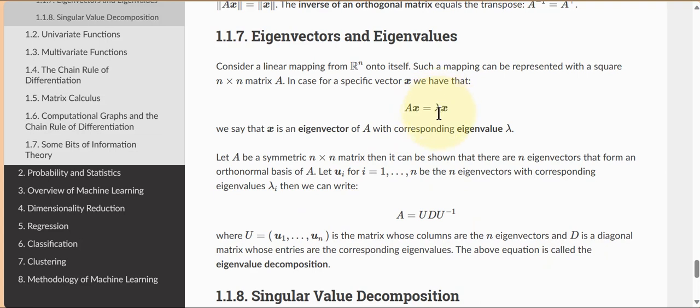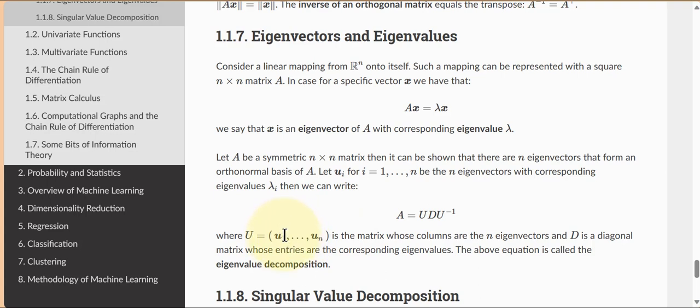For each eigenvector there's an eigenvalue, and we make another matrix, D we call it, which has these eigenvalues down the diagonal. So D is a diagonal matrix whose entries are the corresponding eigenvalues. Okay, so once again, we have this very interesting fact that A can be written as U.